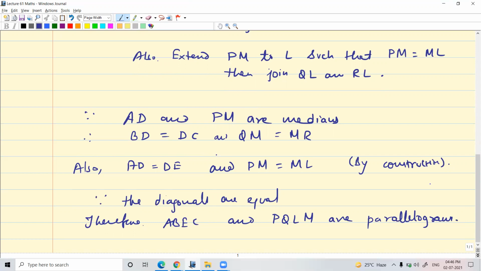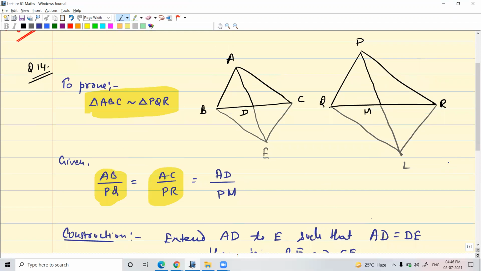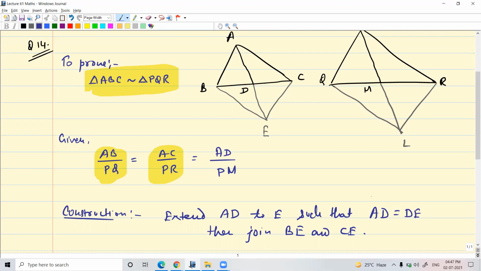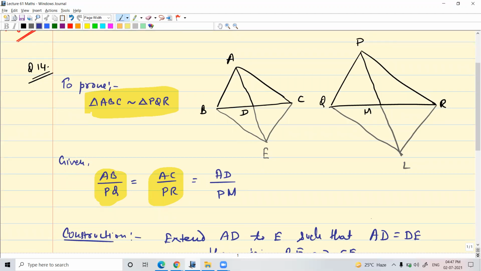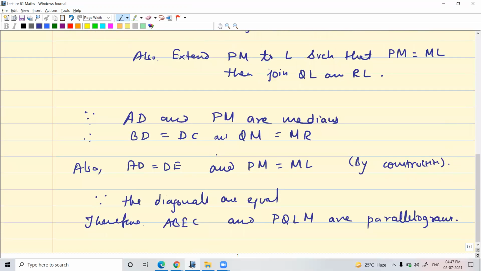So basically, I'm just writing down whatever we have talked about so far. I have written until the part where ABEC and PQLR we have agreed that it is a parallelogram. Why is it a parallelogram? Because the diagonals are getting bisected. That is what I have written. BD is equal to DC, QM is equal to MR. Same way, AD is equal to DE and PM is equal to ML. So these two points tell you that the diagonals are getting bisected. That's why this is a parallelogram.